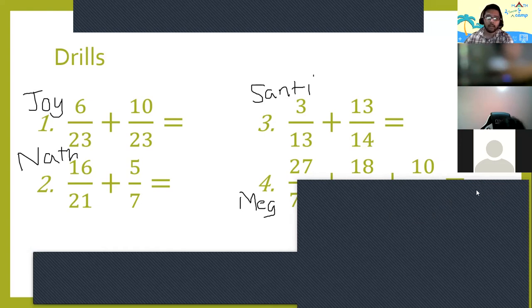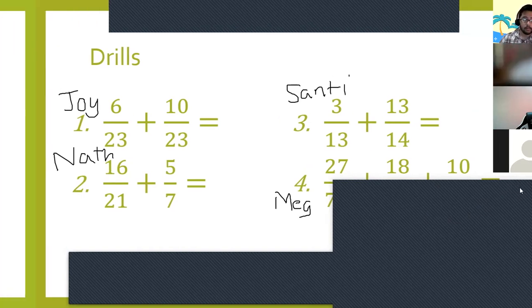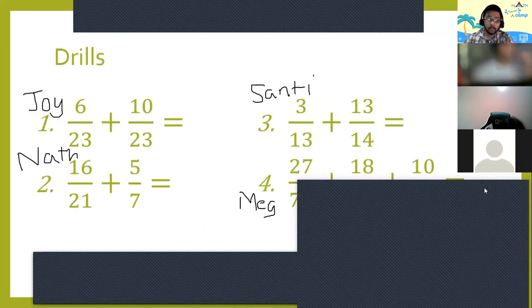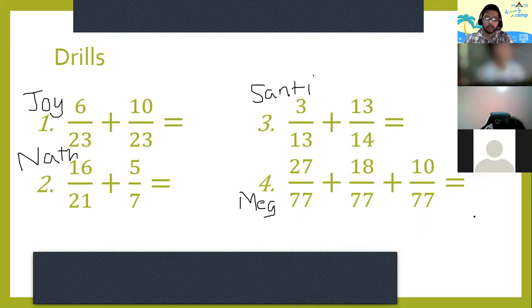How about Meg? Do you have an answer for number 4? I see. Okay. Sige, I'll show you, Santi, how to do it. 55 ang sagot for number 4. Okay. That's correct. That is correct.